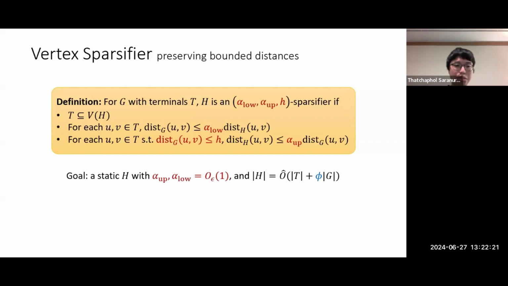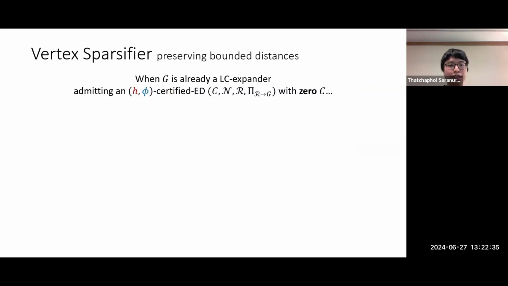Our goal is to first construct a static vertex sparsifier with constant approximation and small size using a static expander decomposition. Here is a simple warm up.